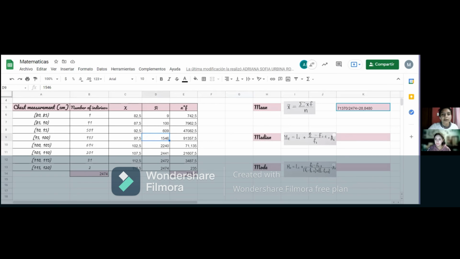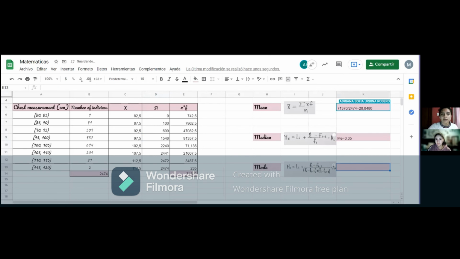And then we replace the values of the interval in the formula, and it will be equal to 95 plus 1,237 minus 609 over 2 multiplied by 5. The result is 3.35. So we have the median is equal to 3.35.